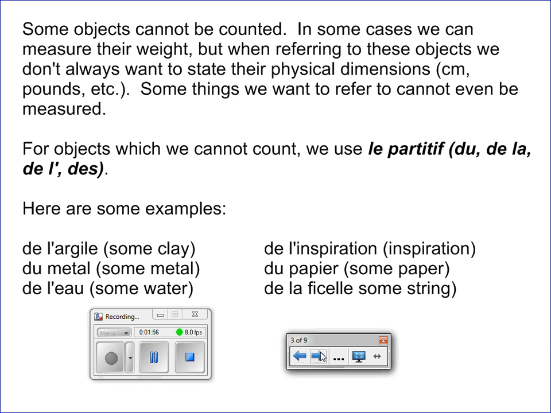Some objects cannot be counted. In some cases, we can measure their weight, but when referring to these objects, we don't always want to state their physical dimensions, whether they be in centimeters, pounds, etc. Some things we want to refer to cannot even be measured. For objects which we cannot count, we use le partitif: du, de la, de l', and des.